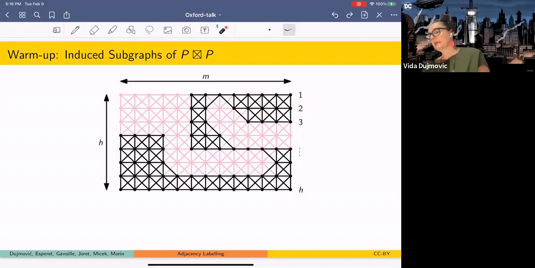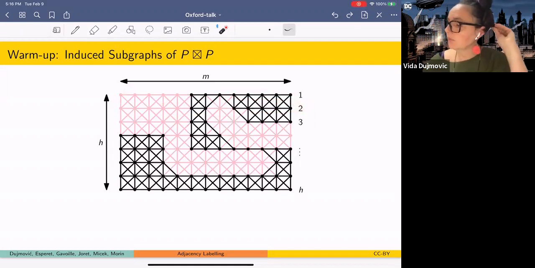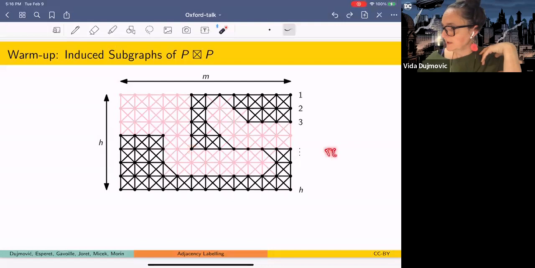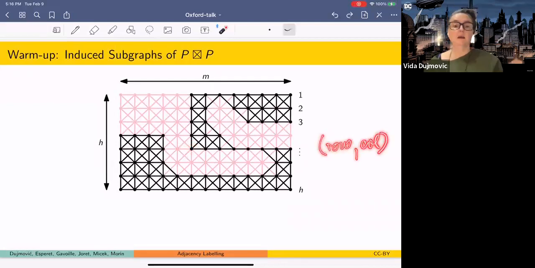Okay, so what would be an obvious way to label this graph to be able to answer adjacency queries? The most obvious one is that for each of these vertices, we have rows 1 to h, and columns 1 to m. So for each vertex, you give it a row, row i, and you give it a column.